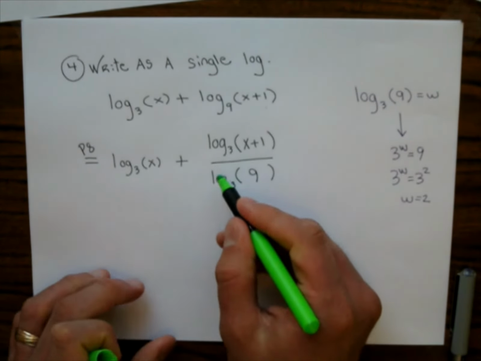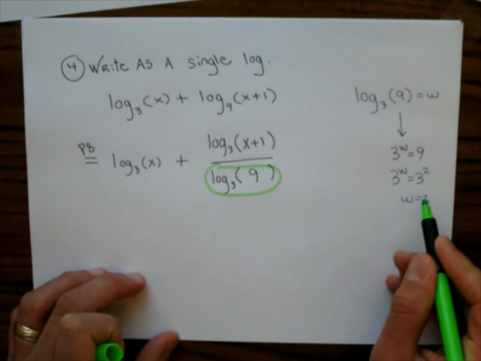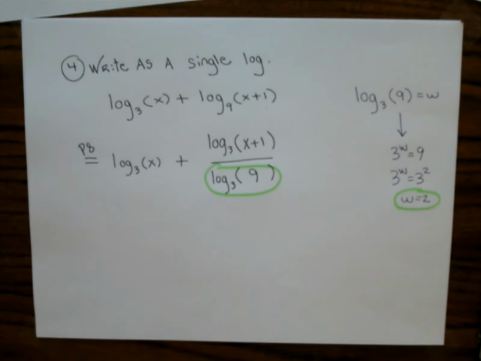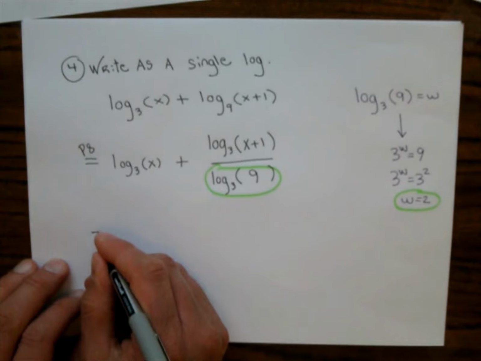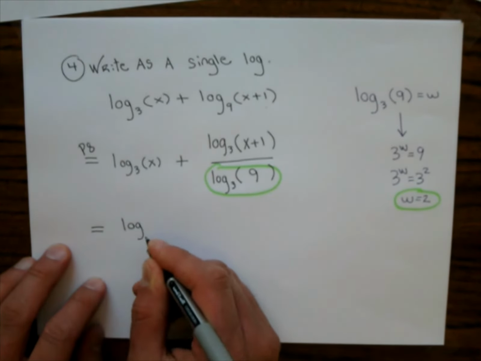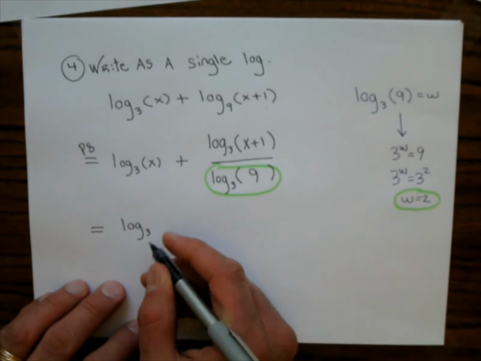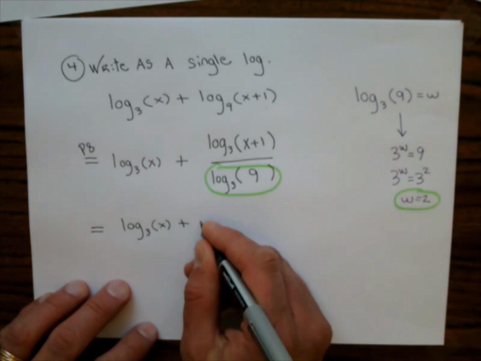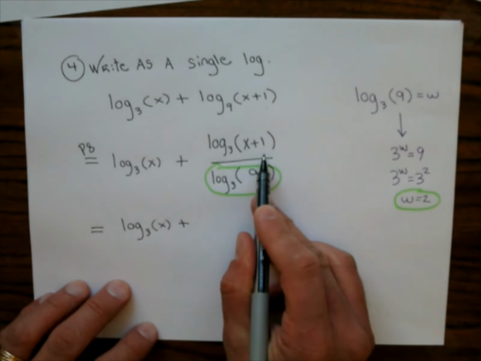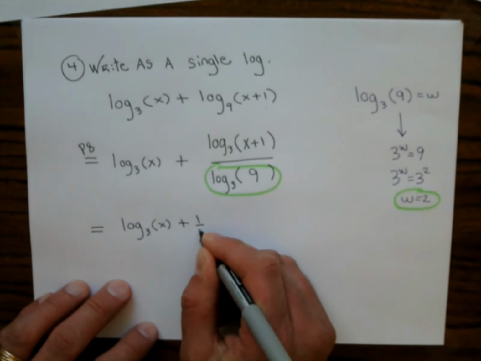So this guy right here equals 2. So log base 3 of x plus, we could write log base 3 of x plus 1 over 2, or we can write the 1/2 right there.